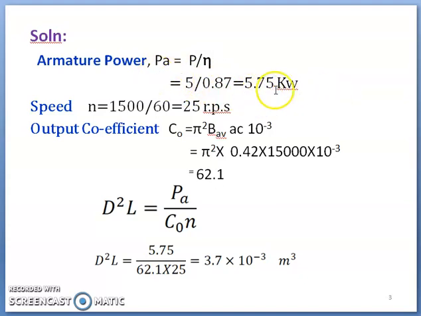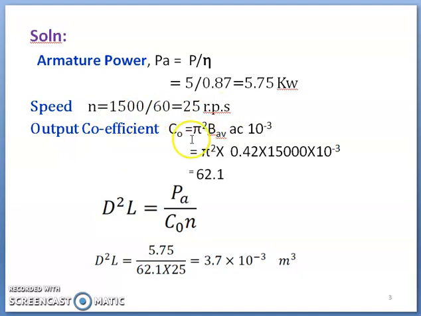Armature power is 5.57 kilowatt. Then to determine D square L product, we substitute value of speed n in RPS. Okay, for that, whatever speed which is given in RPM must be converted into RPS. So n equal to 1500 divided by 60, that is 25 RPS.